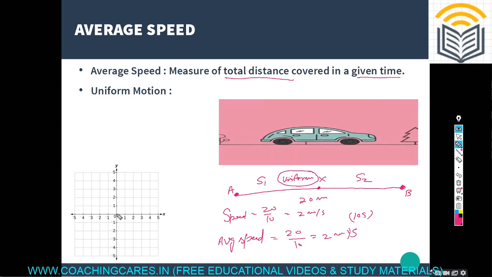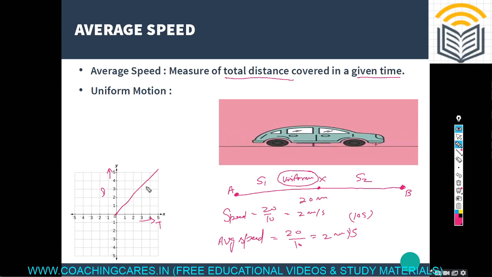The graph plotted for uniform motion will always be a continuous straight line. If this is time and the y-axis is distance, then the graph will come as a straight line for uniform motion.